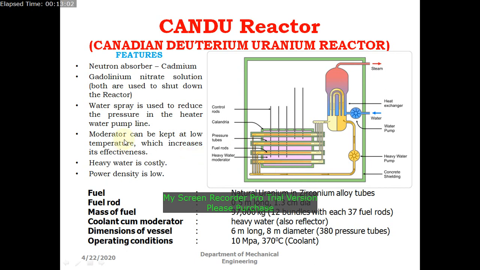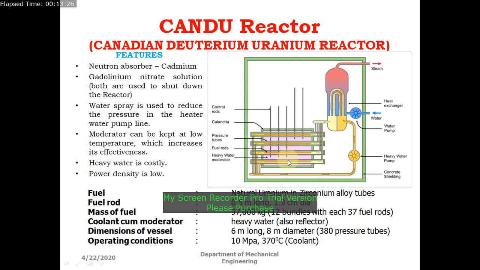Next, we can see the moderator can be kept at low temperature because the coolant is circulated separately from the moderator. So both are traveling in different paths. In such a case, obviously the temperature of the moderator will remain low. But in other reactors, it is not the case, except the sodium graphite reactor.